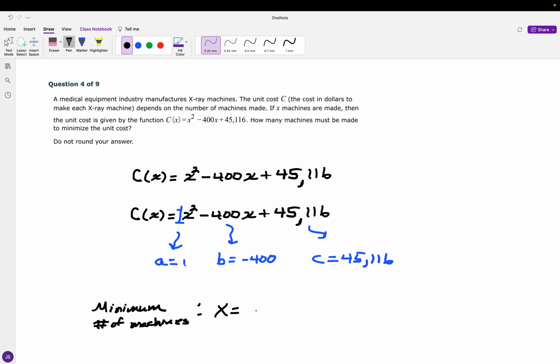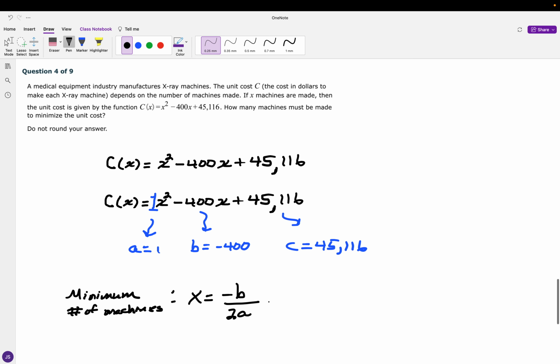And if we substitute, we're looking at the negative of negative 400 all over 2 times a, which in this case is 2 times 1. And so we get positive 400 divided by 2.